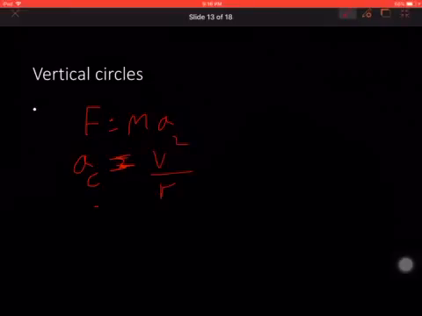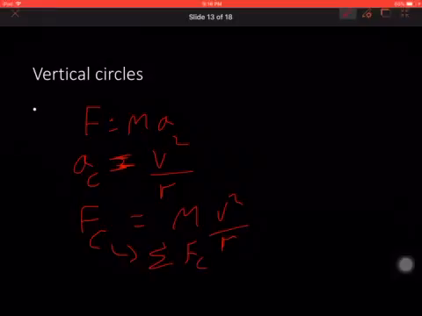So for centripetal force, it would be m v squared over r, where Fc is the sum of all forces that are aiding in the centripetal motion. We can rewrite this by saying Fc, or centripetal force, divided by mass equals the centripetal acceleration.